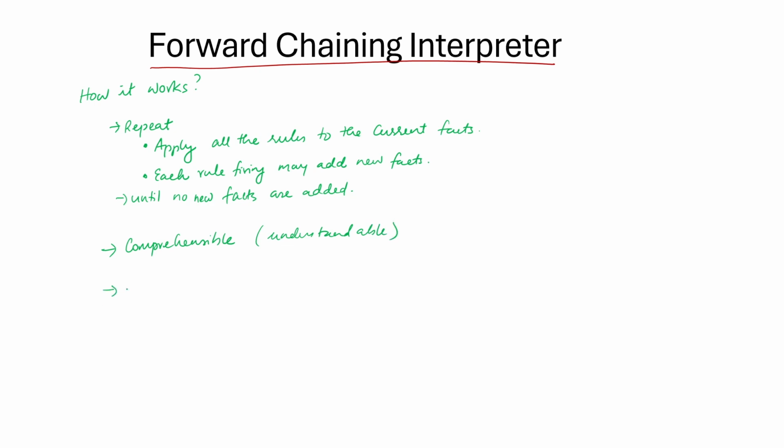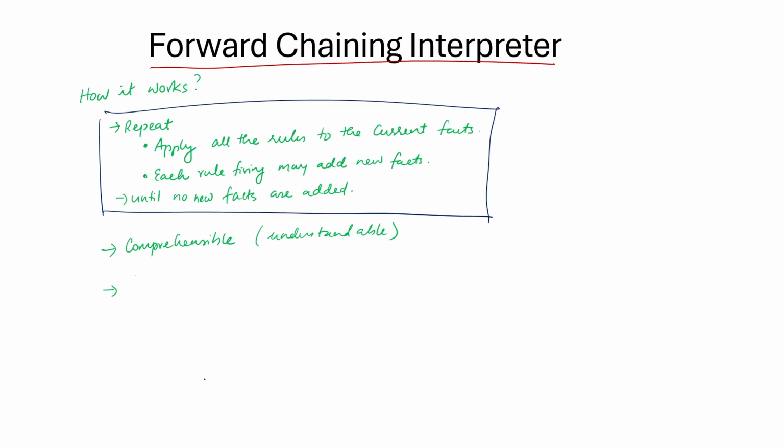The algorithm side is this much. Now, we also say that the trace of rule applications that lead to the conclusion is an explanation.